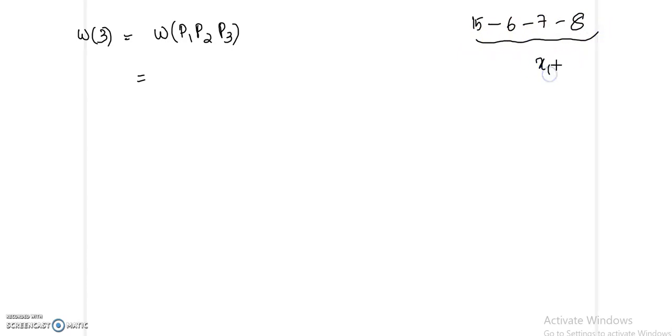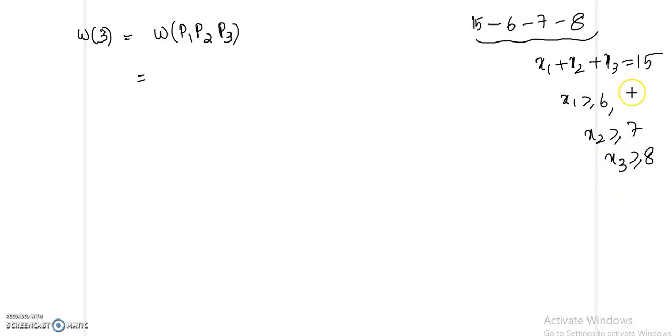So x1 plus x2 plus x3 equal to 15 with x1 greater than or equal to 6, x2 greater than or equal to 7, x3 greater than or equal to 8. Such a problem is not possible. So the number of elements with properties P1, P2, P3 will be equal to 0.